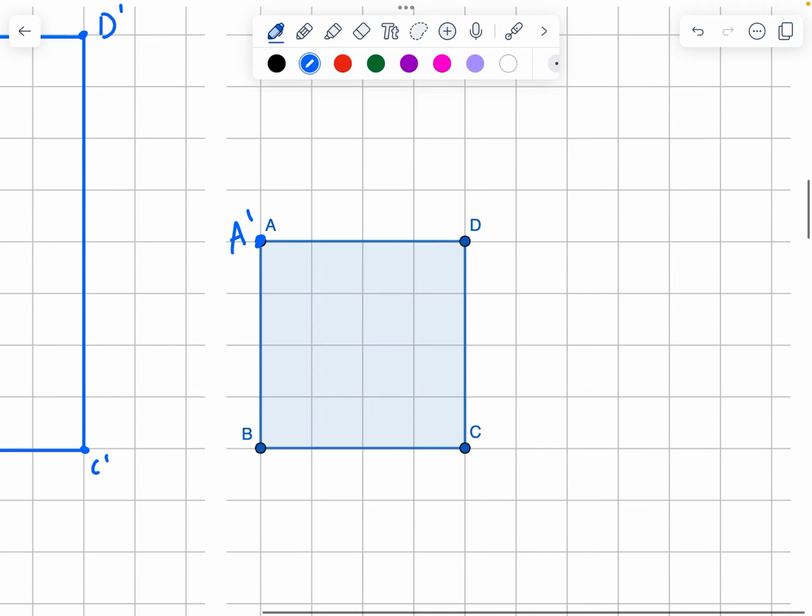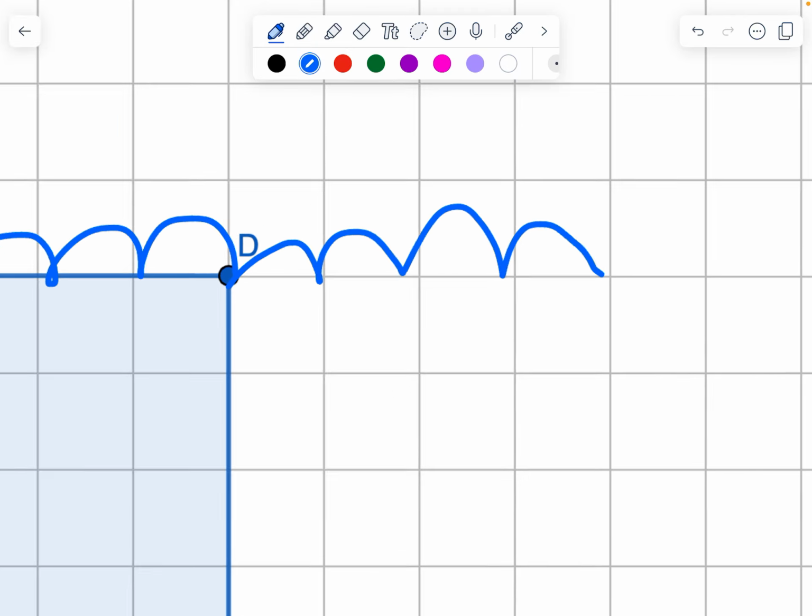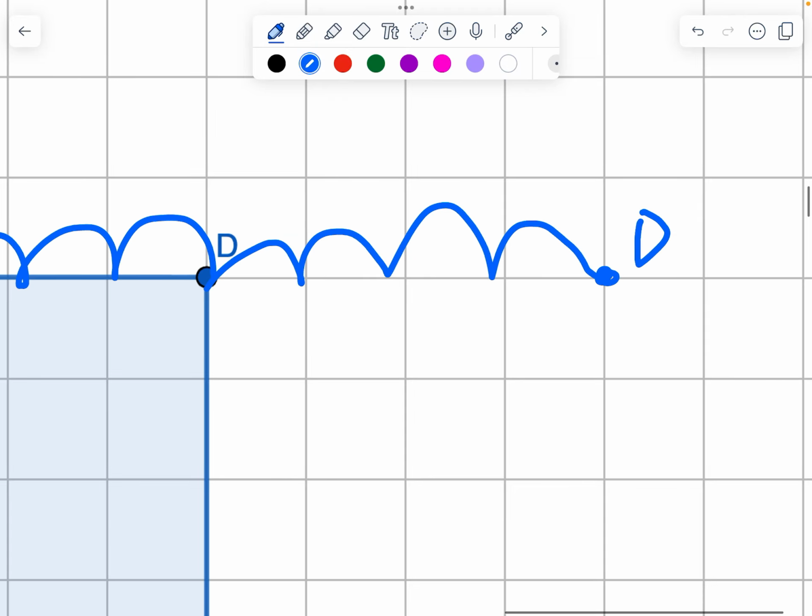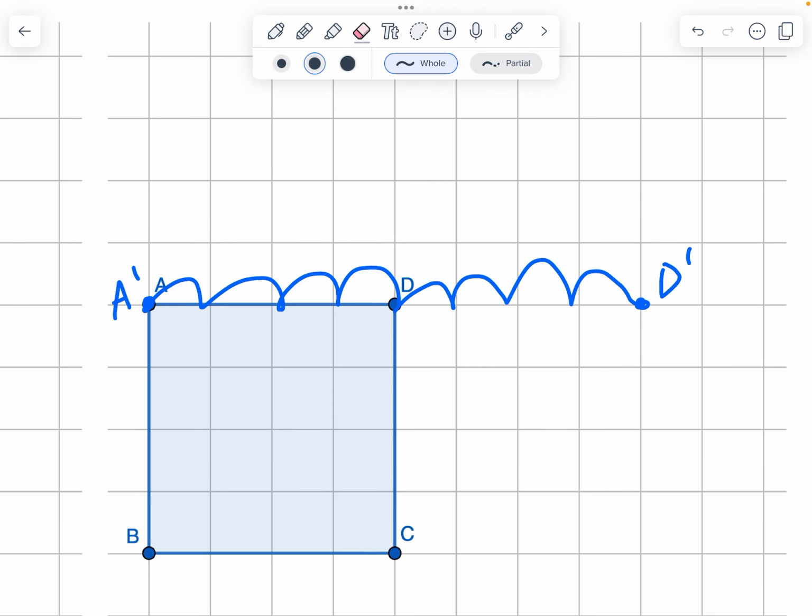So now we're looking at how far away everything is from point A. Well, we've got 1, 2, 3, 4 to D. So if we go 5, 6, 7, 8, we know that D prime is going to be right here.